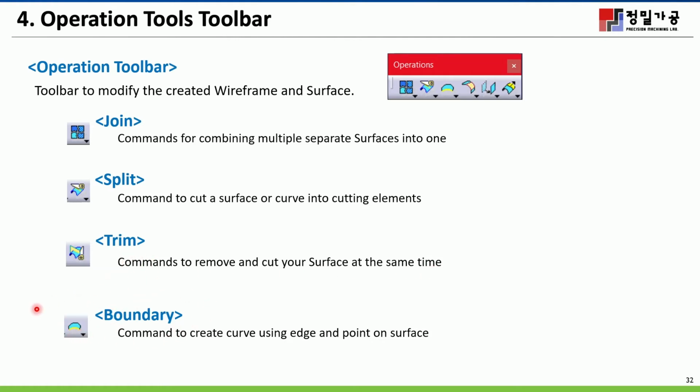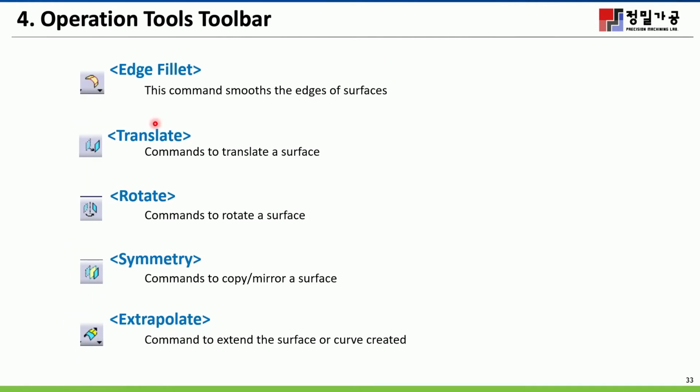Okay, the fourth is boundary, a command to create a curve using an edge and point on the surface. And also there is edge fillet. This command is to create smooth edges of surfaces.